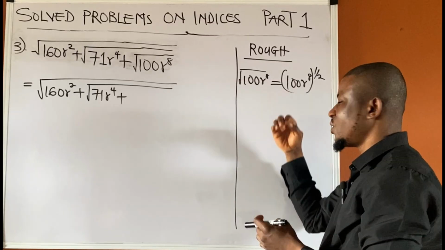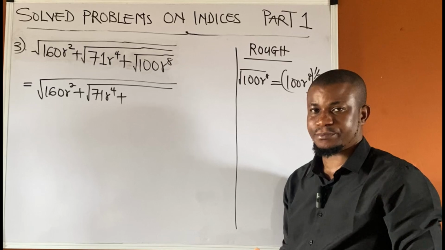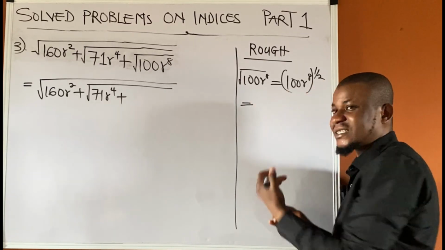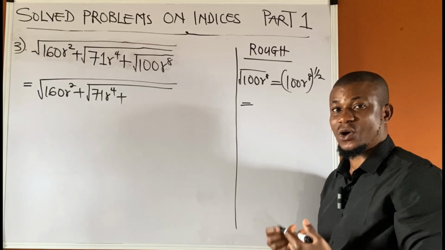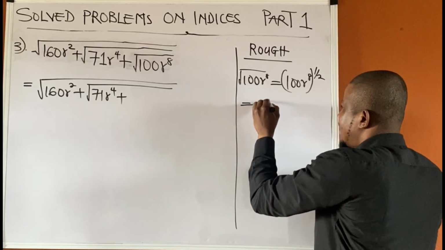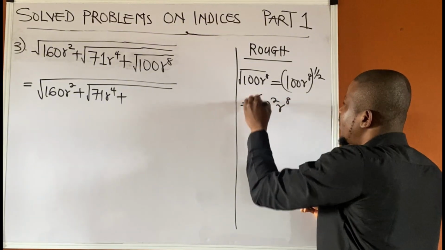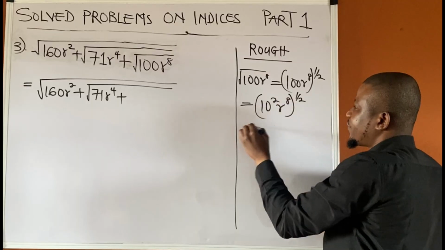Like this 100, we reduce it to its index form. We know that 100 is 10 times 10, which is 10 to the power of 2. So we can write this as 10 to power 2, then r to power 8, now this is to power half.